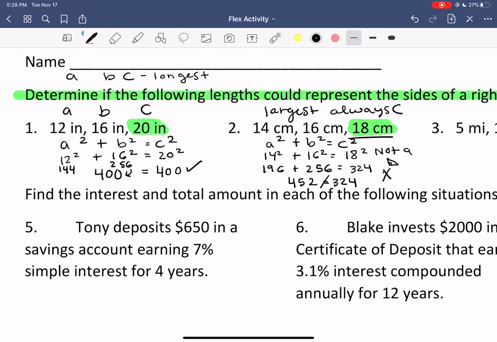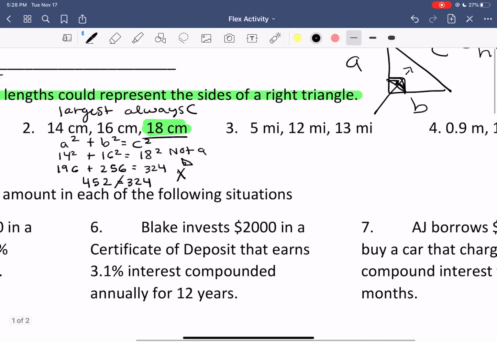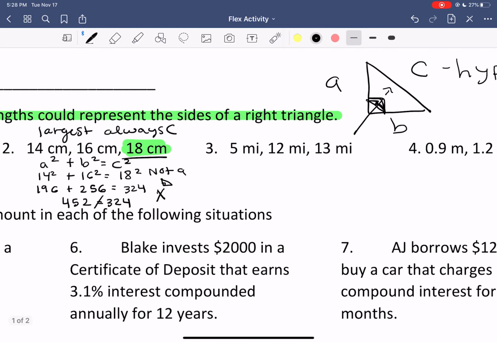Going across to number 3, our longest length is 13. And 13 is our C because it's the longest.